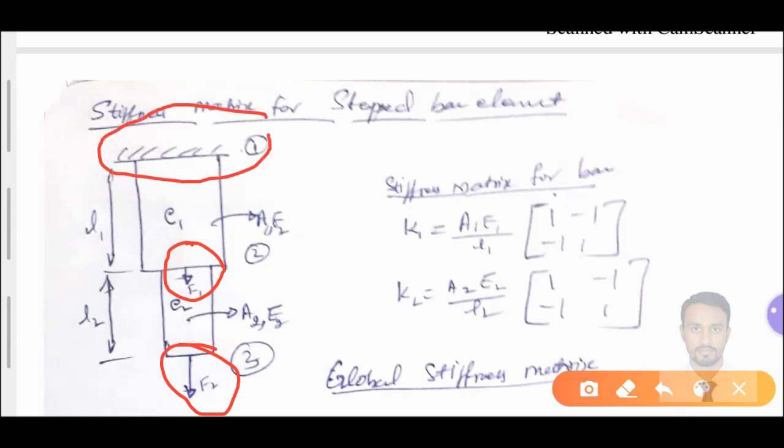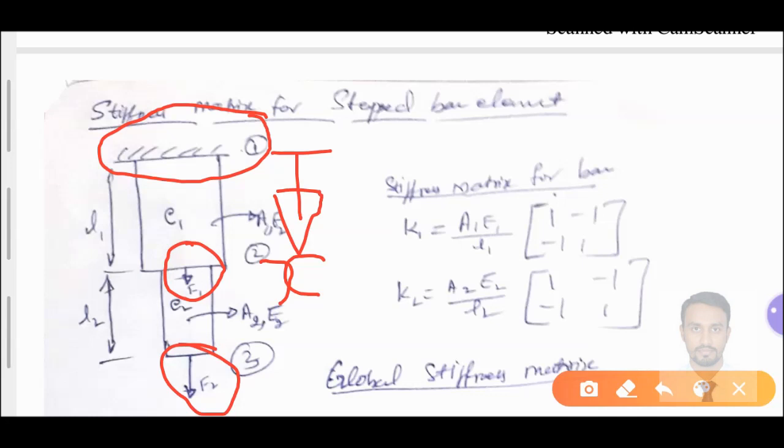Node number 1 is fixed. The direction of the bar is represented along the vertical axis. We are assuming the vertical axis is the x-axis, so the bar is a vertical bar element.